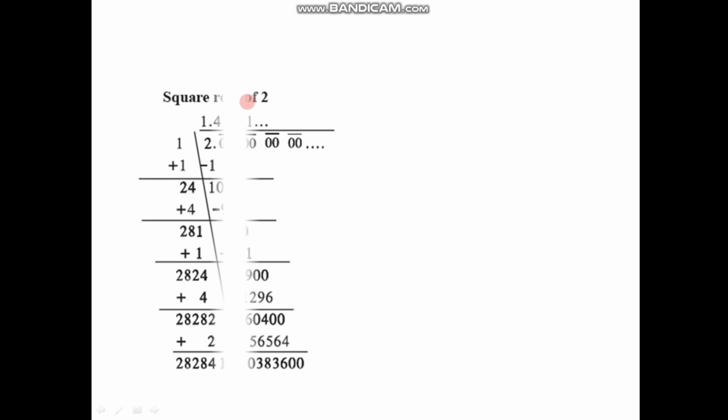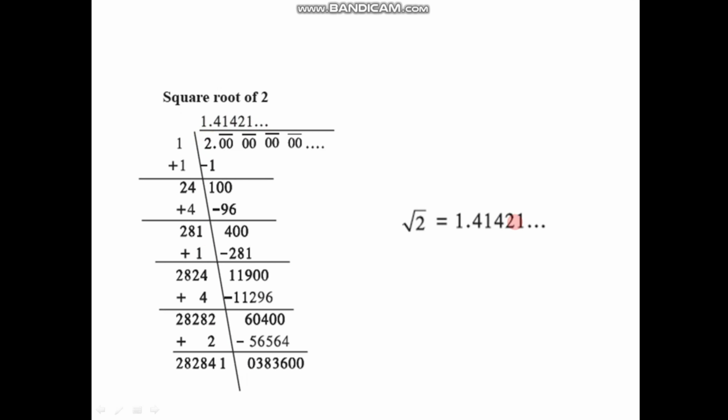Now let us come to irrational numbers. Let us have an example. If we have to find the square root of 2 by our conventional method, we find the square root of 2 as 1.41421 and so on. If we observe this decimal form, in this decimal number, no number or group of numbers is recurring and this process never ends.